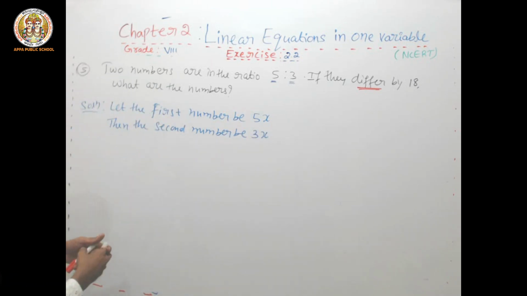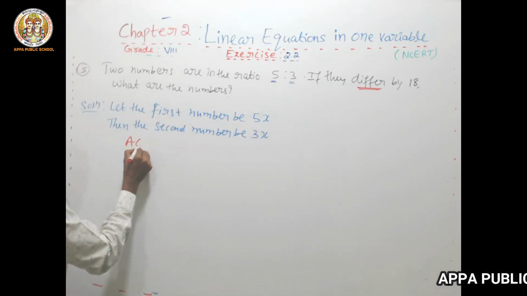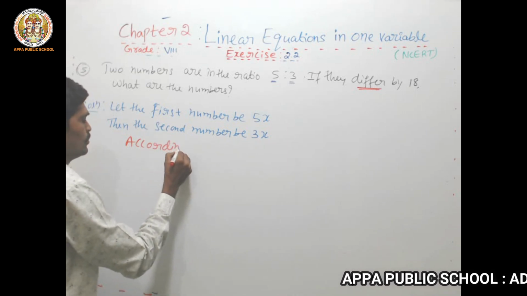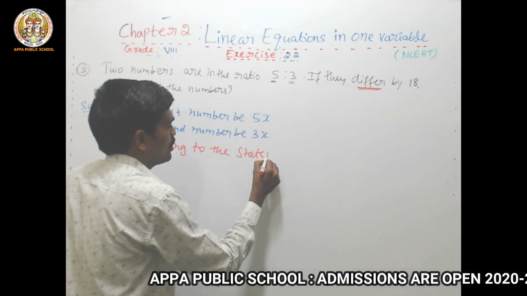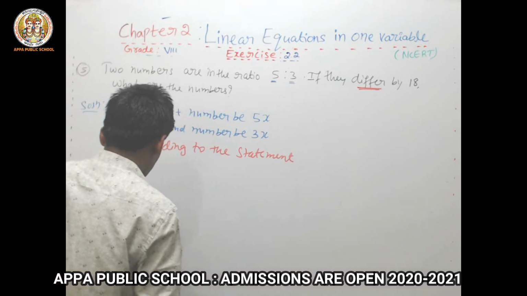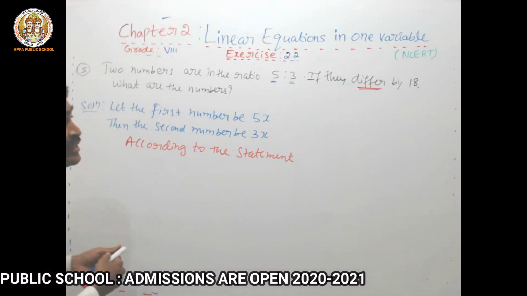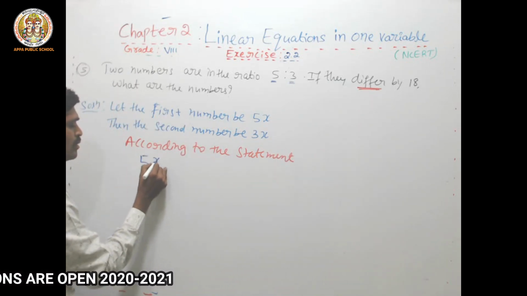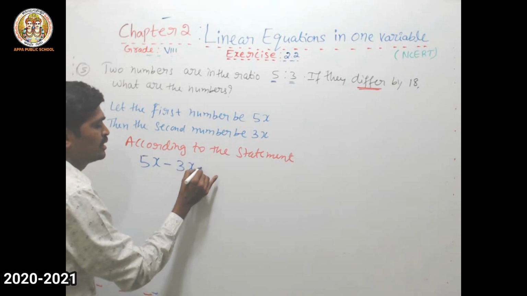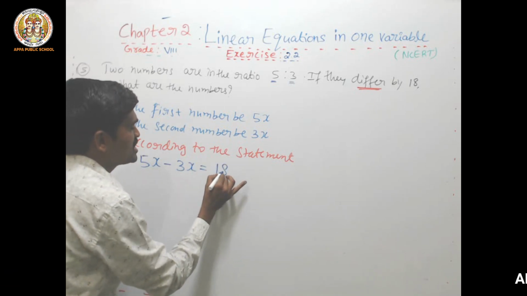According to the statement, if they differ by means subtraction, first number minus second number, it will get 18.